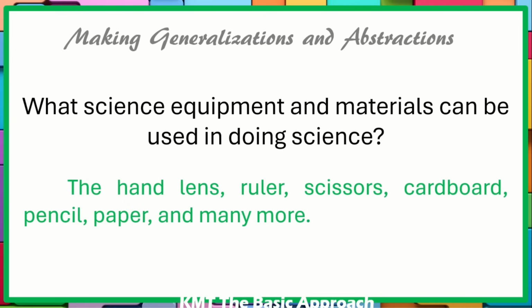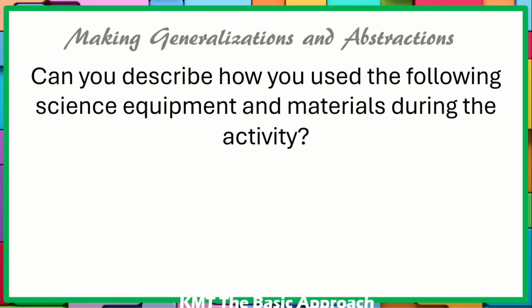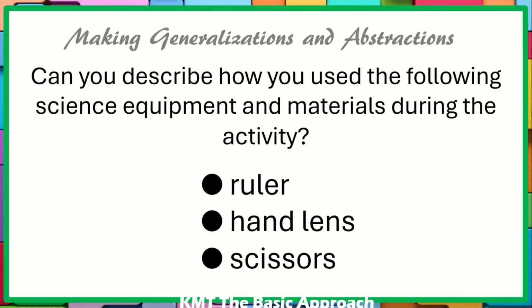Correct! The hand lens, ruler, scissors, cardboard, pencil, paper, and many more. Can you describe how you use the following science equipment and materials during the activity? Ruler, hand lens, scissors.